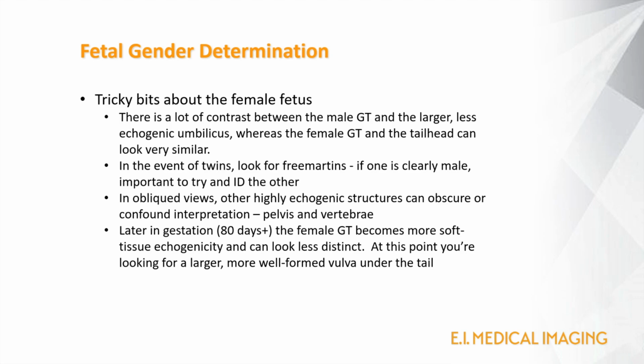And as with males, be aware that upwards of 70 to 80 days of gestation, the GT matures into less dense tissue and will be a little bit less distinct. You'll start to see the larger, rounder, more soft tissue appearance of a vulva under the tail approaching the 100-day mark.